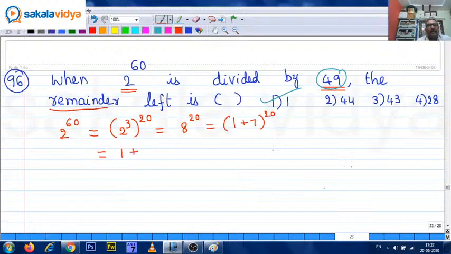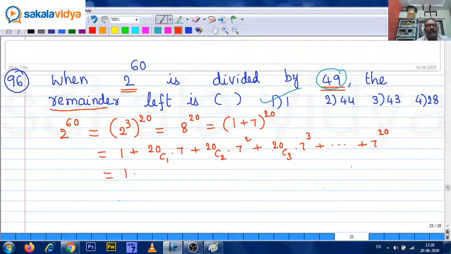So 1 plus 20c1 is 7 plus 20c2 7 square plus 20c3 7 cube, and so on, plus 7 to the power of 20.